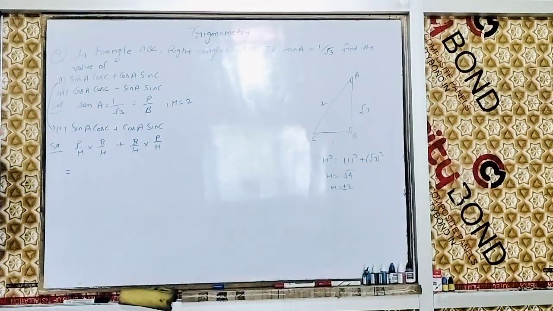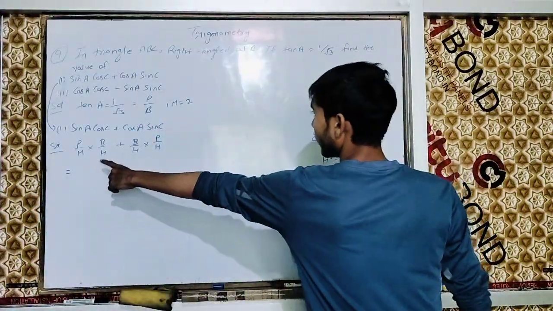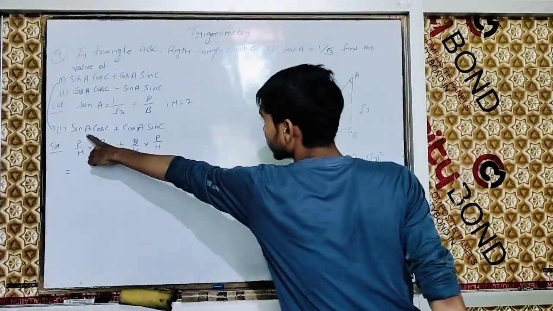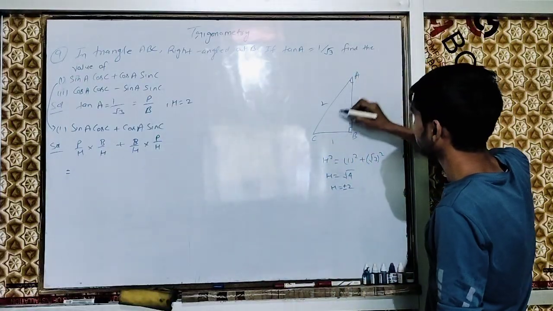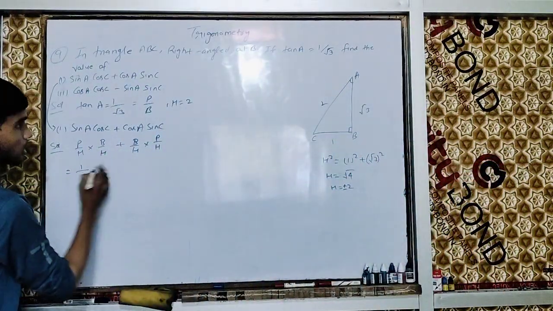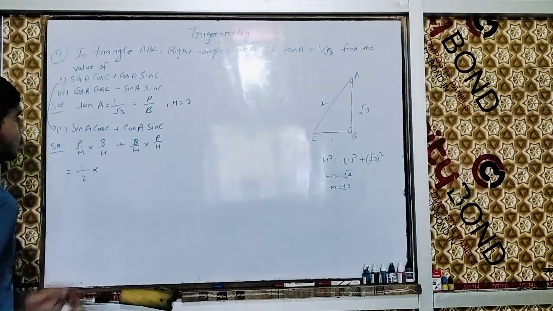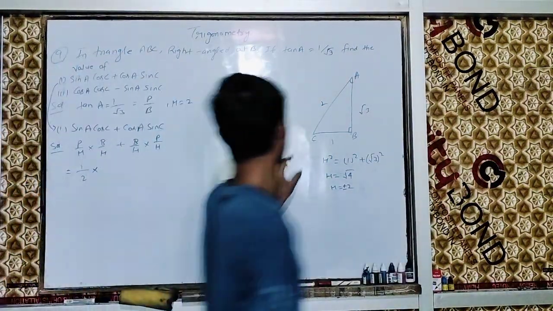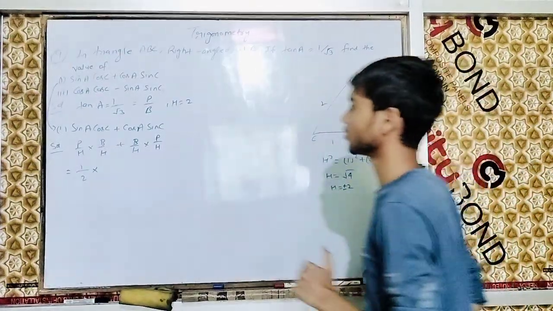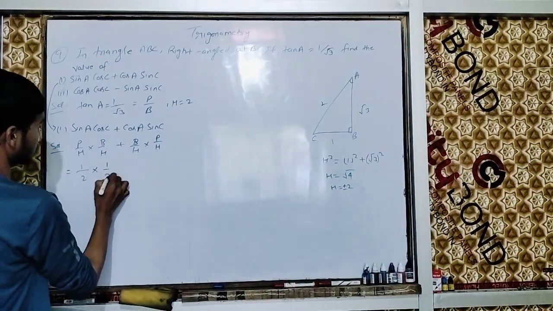Now look here. According to theta A, P is 1 and H is fixed, which is 2. According to theta C, B is again 1, and H is the same.